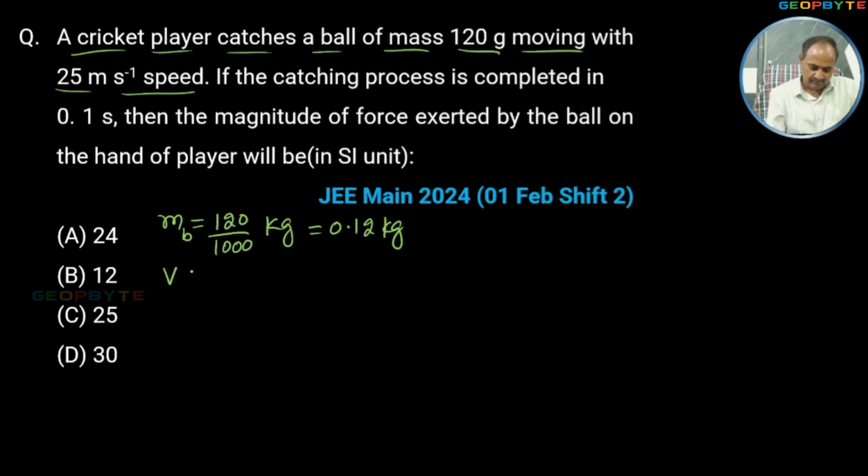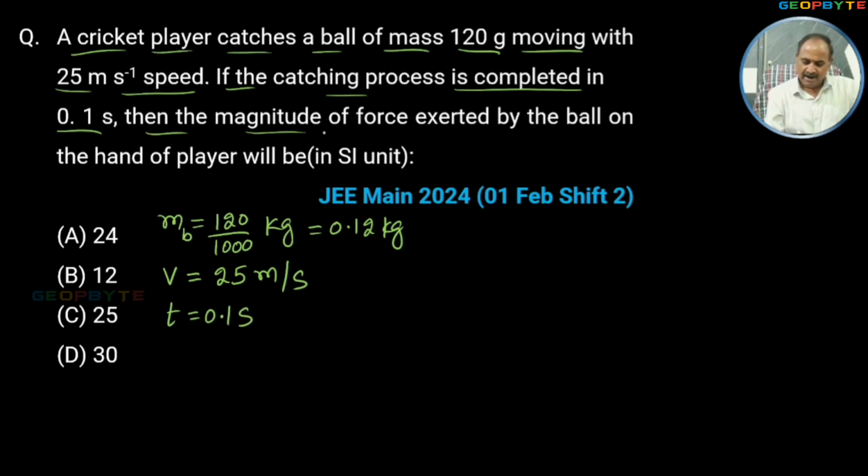That is the speed of the ball, 25 meter per second. If the catching process is completed in 0.1 second, the time required for catching, then what is the magnitude of the force exerted by the ball on the hand of the player?